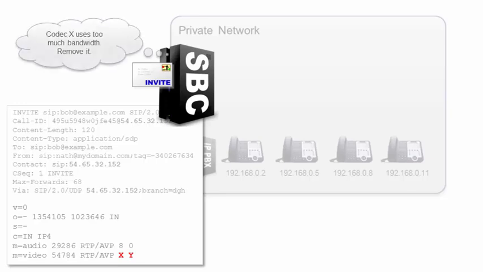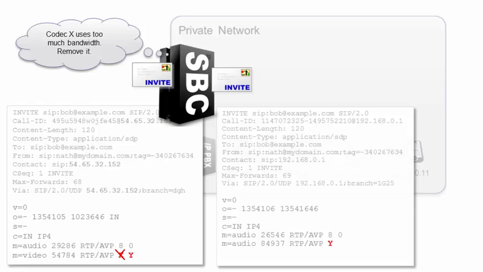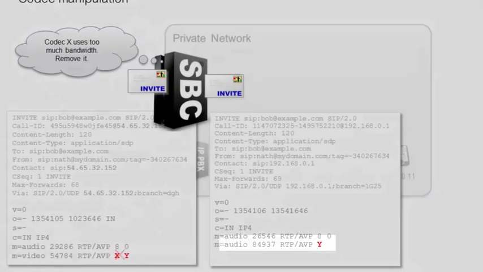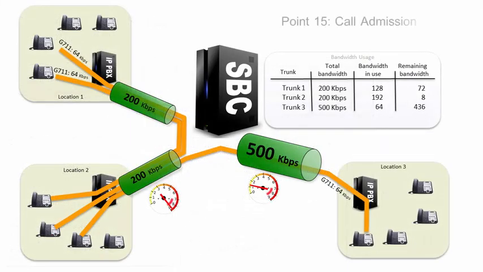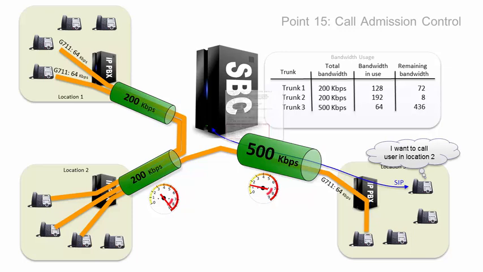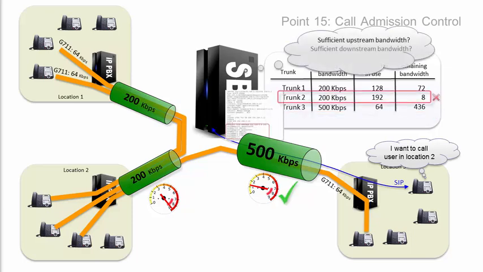Well, an SBC might be configured to watch for this and simply take out any bandwidth hungry offers, leaving only the possibility of a low bandwidth call. It might also perform a type of call admission control, that's point 15, where when upstream or downstream traffic is about to exceed acceptable thresholds, additional calls are rejected, maintaining the bandwidth for the existing calls.